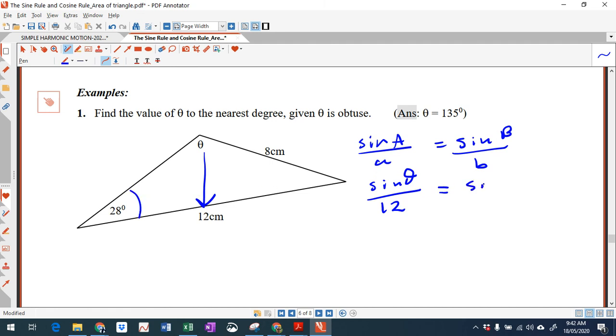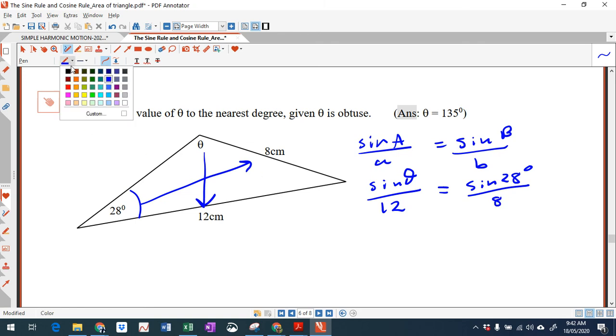So we have sine 28 degrees here, divided by the side opposite that, which is 8. Okay, and then we're going to times by 12, and then times by 12. Cross that out.